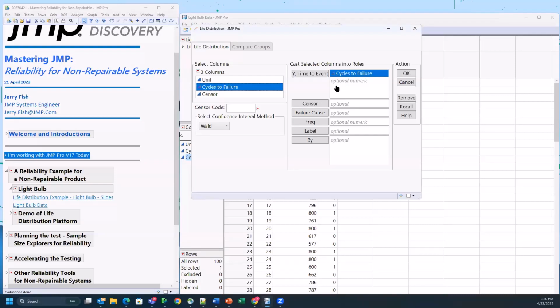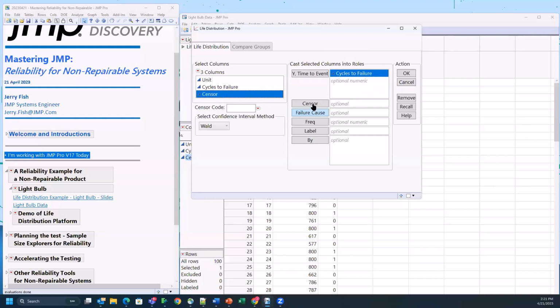It doesn't have to be cycles. It could be minutes or hours, or it could be bending stress. You know, how many cycles of that might it be? Whatever that stressor is that you're applying and relieving, or the length of time when something is under a load, that kind of thing is what we're going to put in here to our time to event.